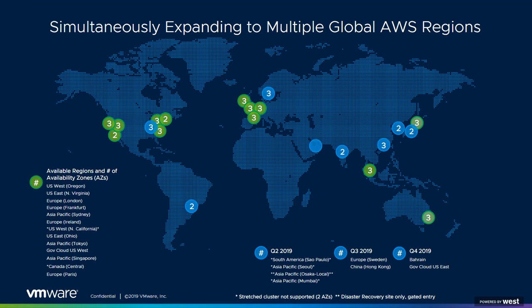Our expansion into multiple regions has been going on for a while. We are now in 13 plus regions at the time of this recording. We're focusing on delivering the last data centers within the Q2 timeframe for 2019. There is some expansion happening later in the year into Europe, China, as well as the second GovCloud region in the East in the US.